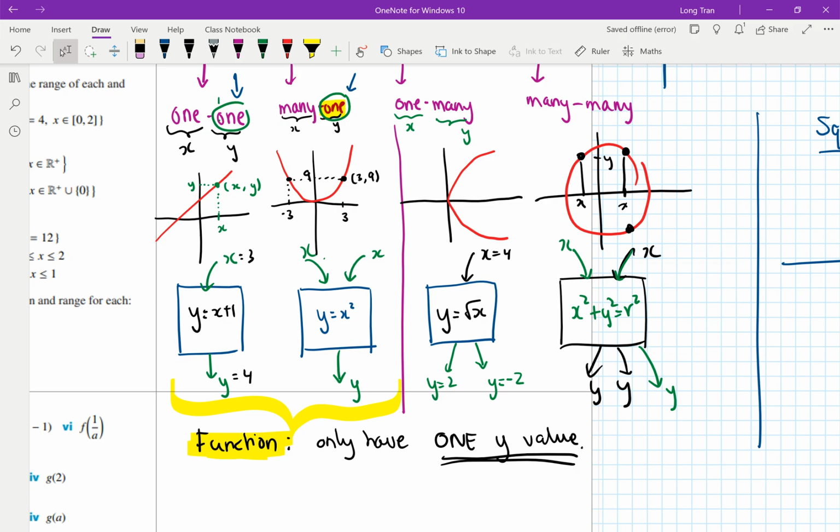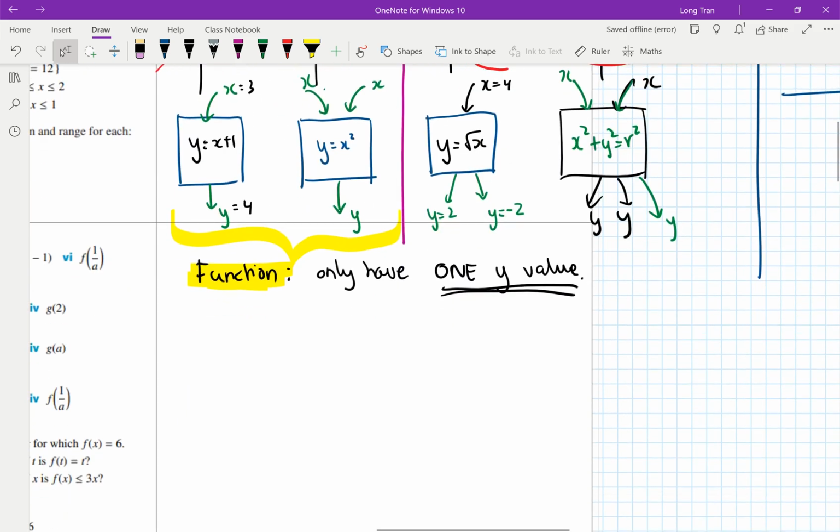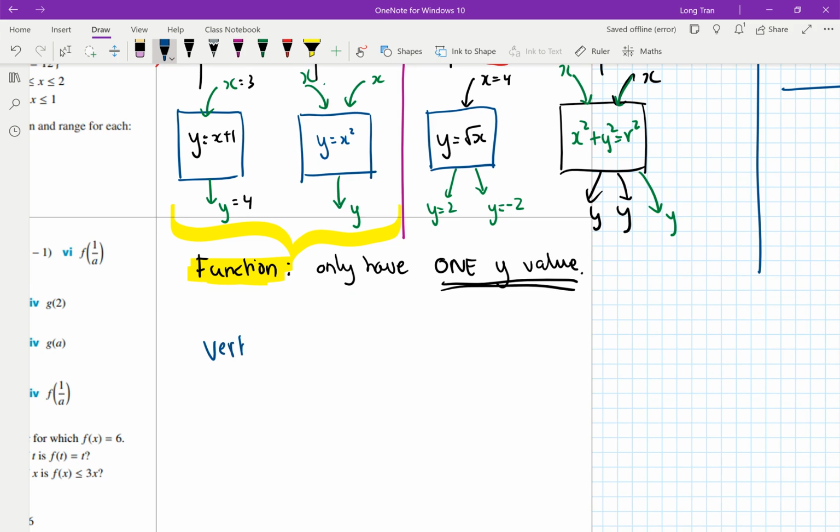So, how they tell you is they say, do a vertical line test. A lot of kids memorize this. They go, oh yeah, VLT for vertical line test. So V vertical line test, which is written as VLT. This is, in a nutshell, it tests if a function exists.